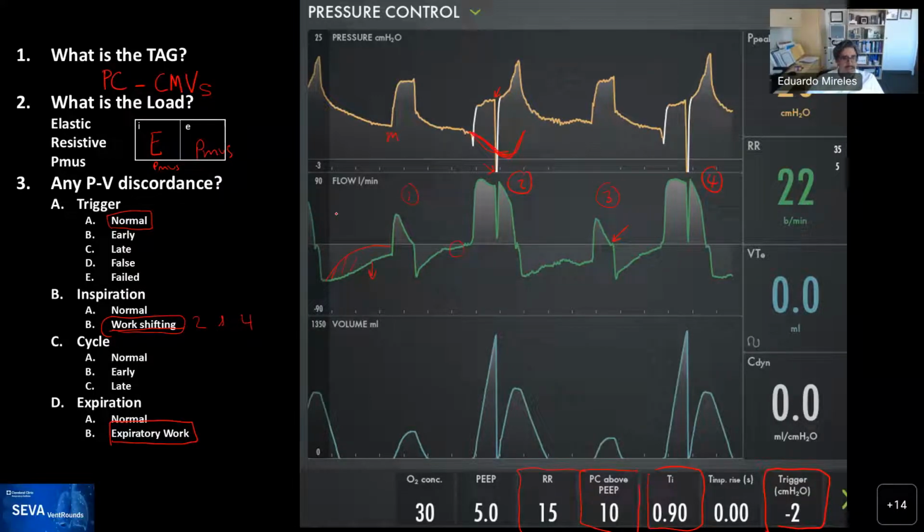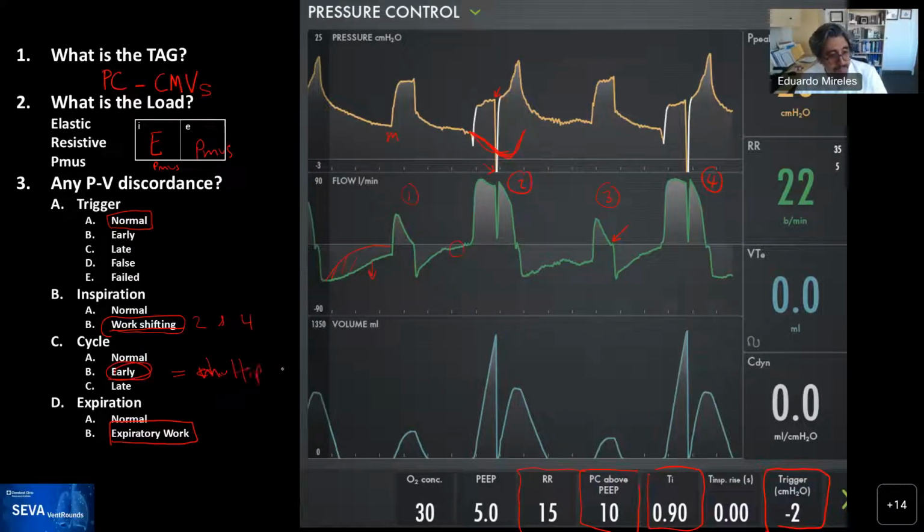And so the machine cycled early. This is an early cycle, and because it's cycling early, it's causing a multiple trigger or double trigger, an early multiple trigger under these circumstances.